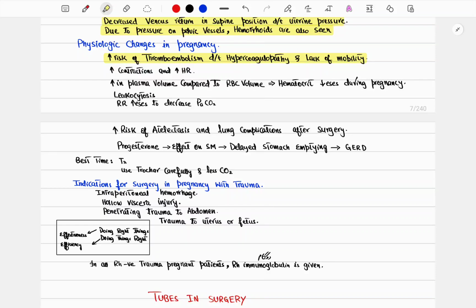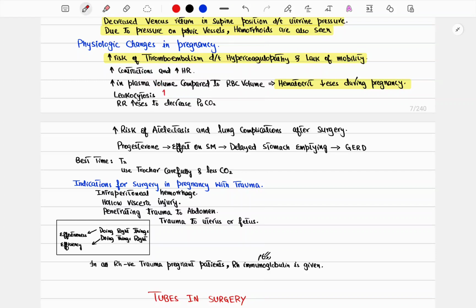There is increased contraction of the heart, and heart rate is also increased. Plasma volume is increased compared to RBC volume, so hematocrit decreases.